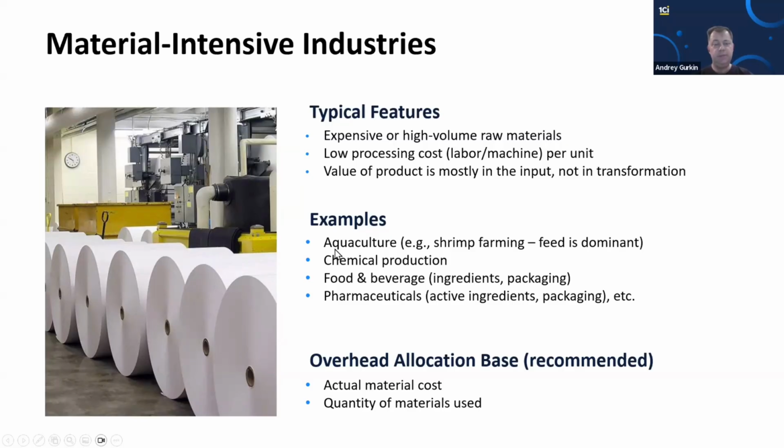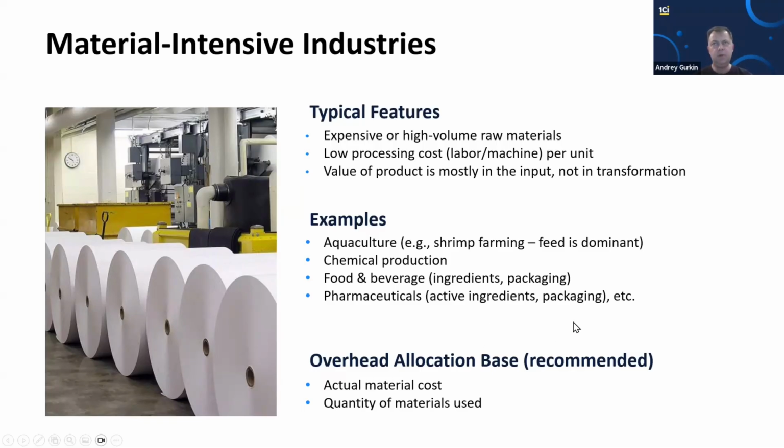Manufacturing, etc. Different examples: agriculture, like our shrimp farming, chemical production, food and beverage, pharmaceuticals, etc. Of course, most companies within this material intensive industry choose for the allocation base either the actual material cost of those initial materials or the quantity of materials used, or maybe some mix.